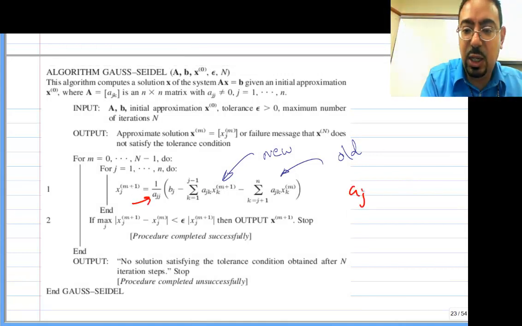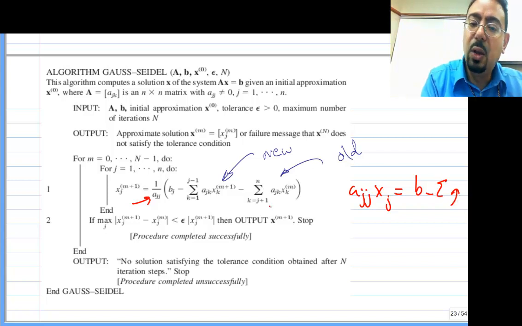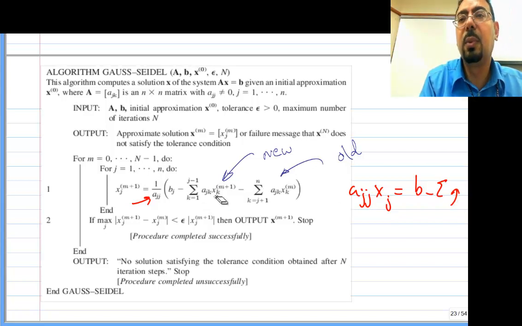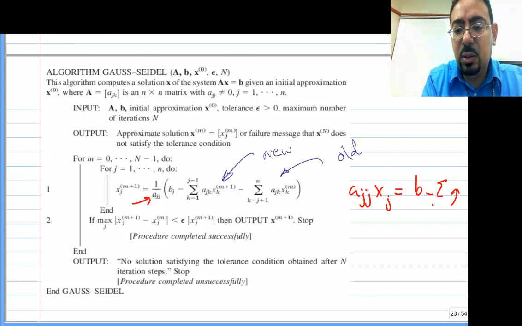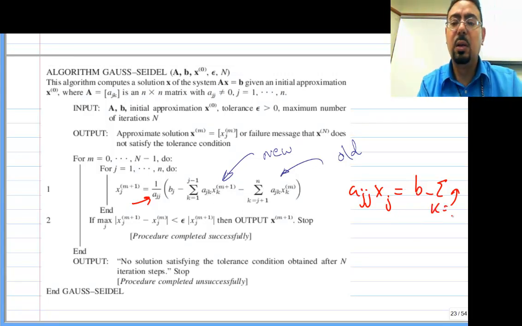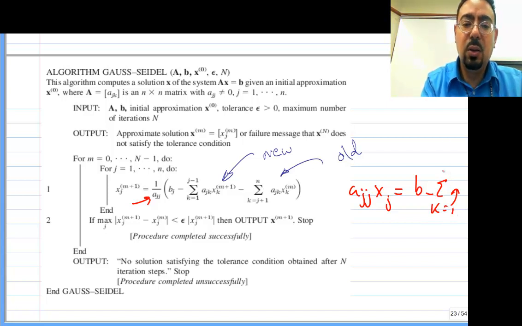Because it was A_jj x_j equals b minus everything else, right? So why are there two summations, not just one? So the summation from 1 all the way to n, where k is not equal to j, because you don't want to add itself.